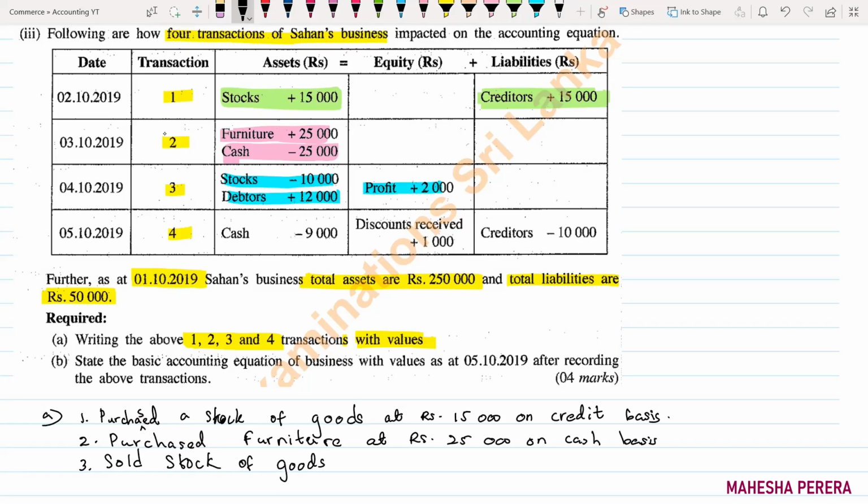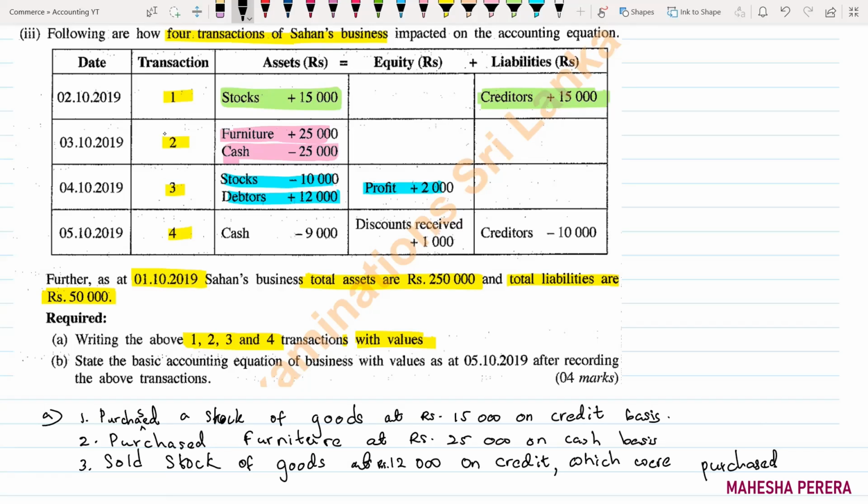At how much? At 12,000 rupees, right? 12,000 rupees on credit basis. I write just on credit. And then you have to say which were purchased at. That means this particular stock was purchased at, right?